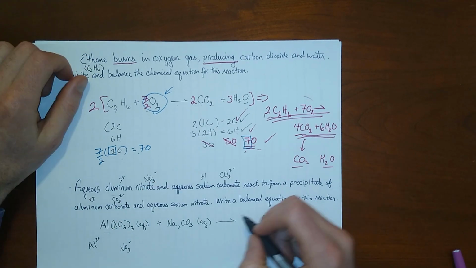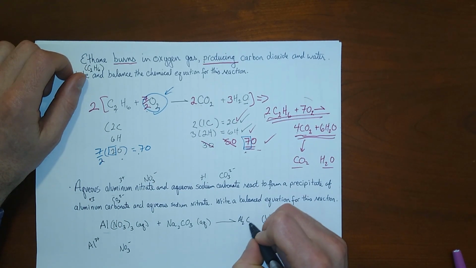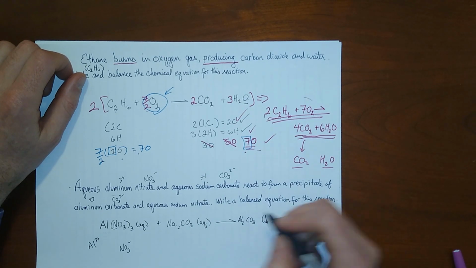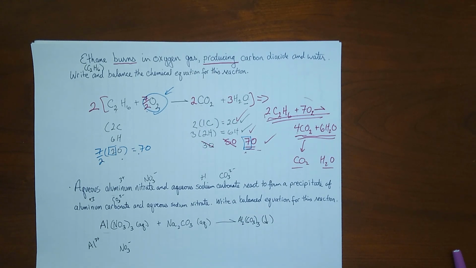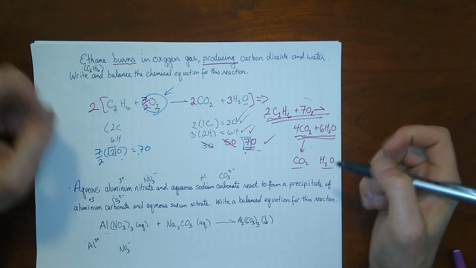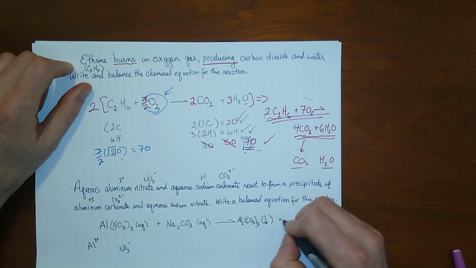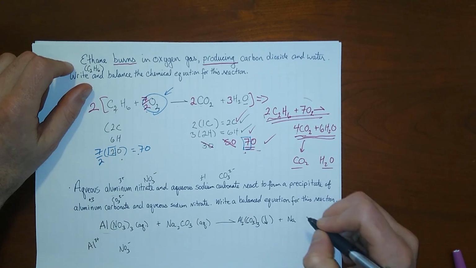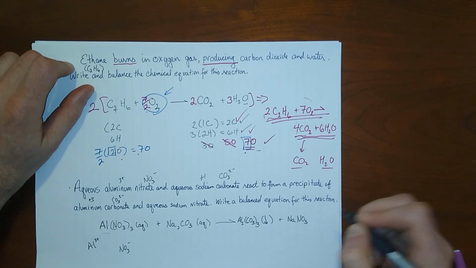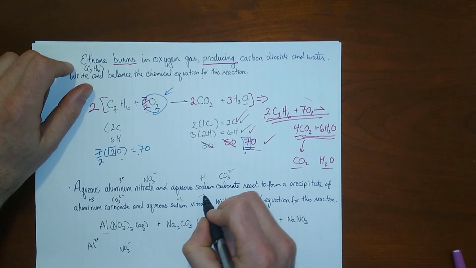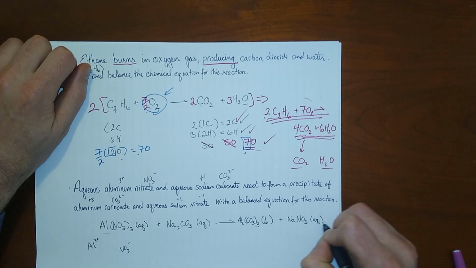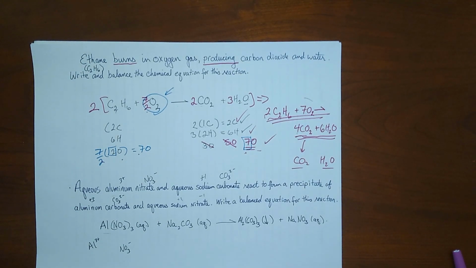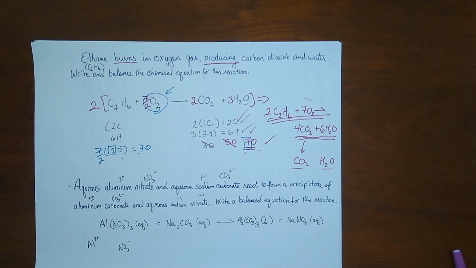So I crisscross, aluminum carbonate is Al2CO3. And aqueous sodium nitrate. Okay, so this remains dissolved. The sodium nitrate is NaNO3, okay, from +1 and -1 on the nitrate, so 1 of each. And that is still dissolved in the water. So that will not precipitate, just the aluminum carbonate will.